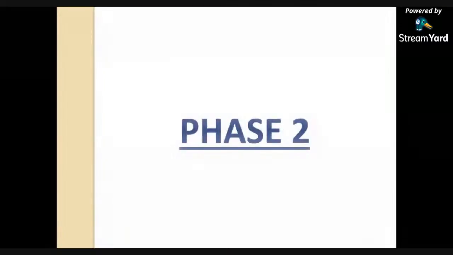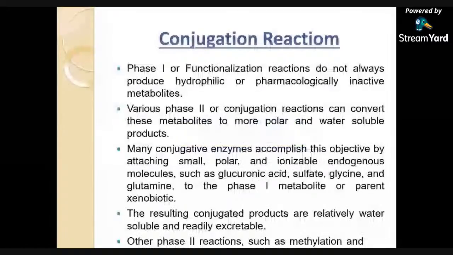After that, we will start with the phase 2 reactions. Phase 1 reactions are already discussed. In phase 2 reactions, we have to see the conjugation-related reactions. So let's start. Phase 1 or functionalization reactions do not always produce hydrophilic or pharmacologically inactive metabolites.